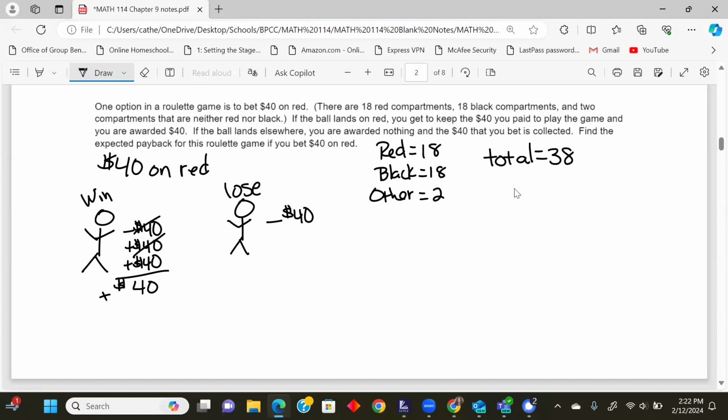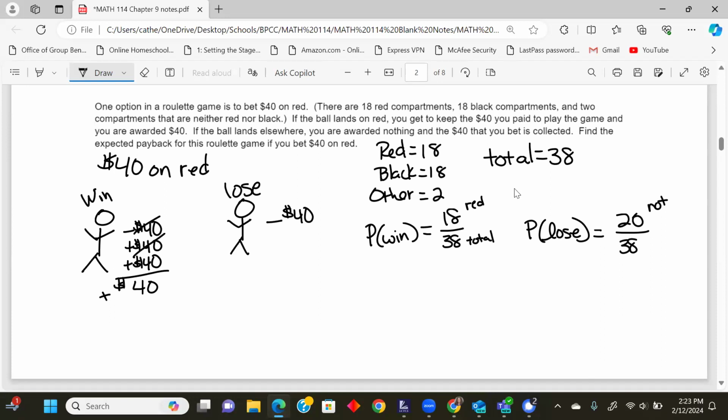All right, so the probability that you win, red constitutes a win. So it's 18 out of 38. Okay, so the top is red over the total. The probability that you lose is going to be 20 out of 38. So these are not red, so that's the black and the unknown colors.